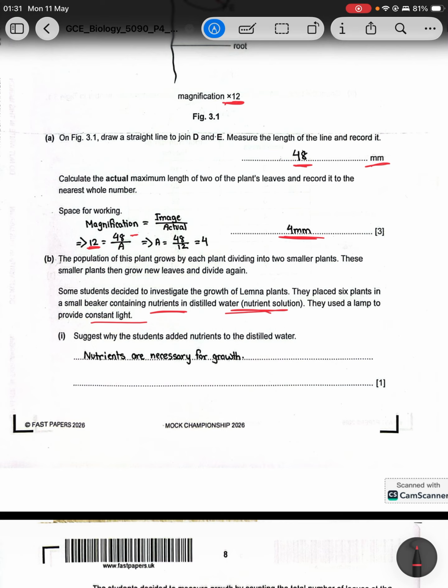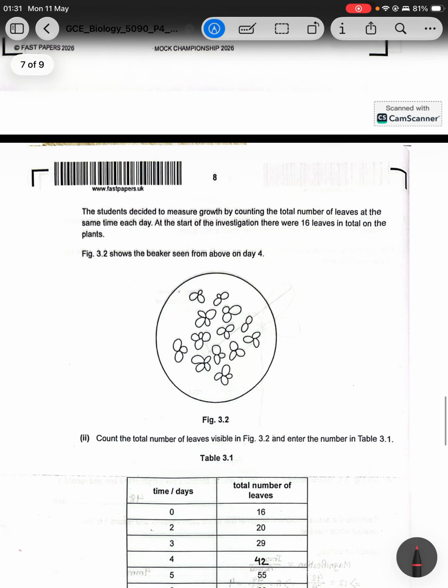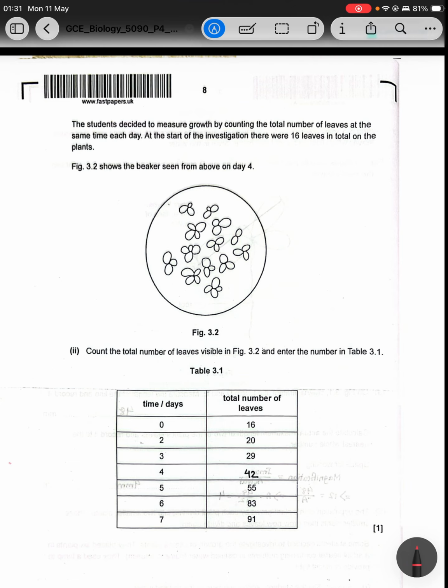Okay, so suggest why the students added nutrients to the distilled water. So obviously nutrients allow a better growth, so you just simply state that it's necessary for growth or just to have an improved growth.